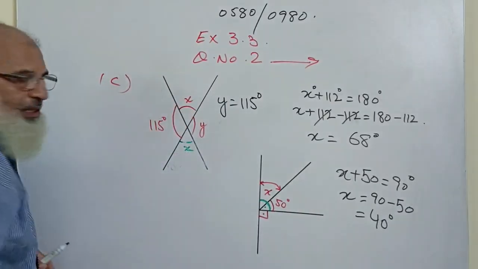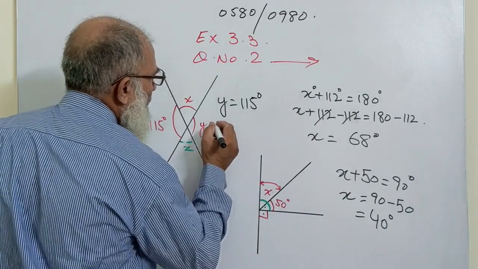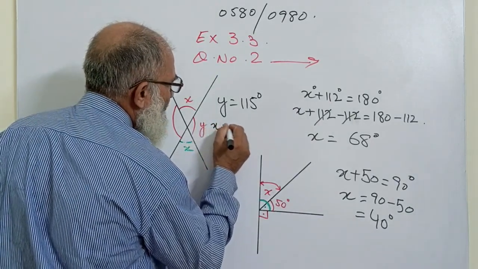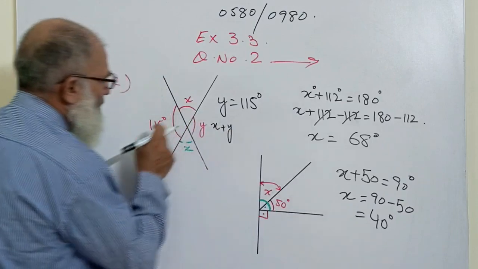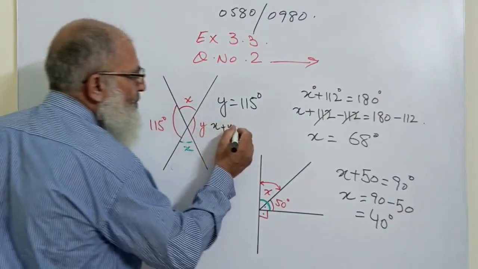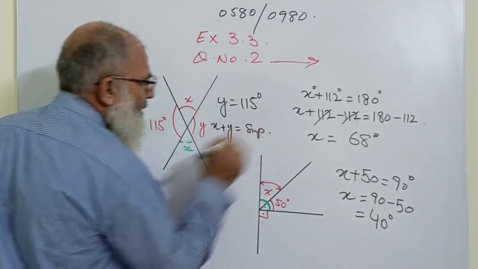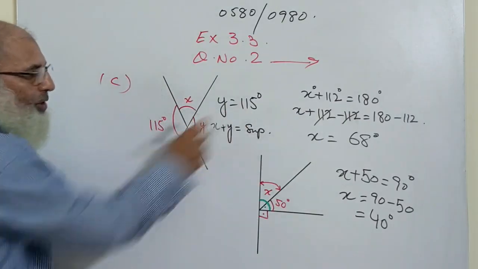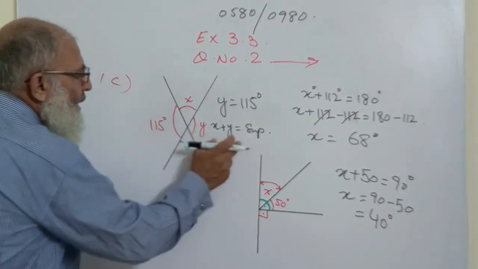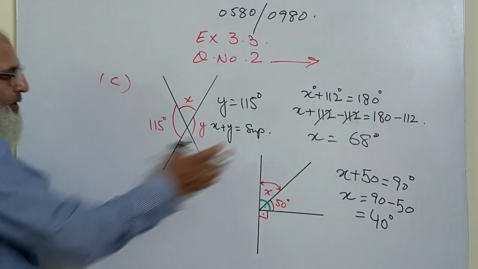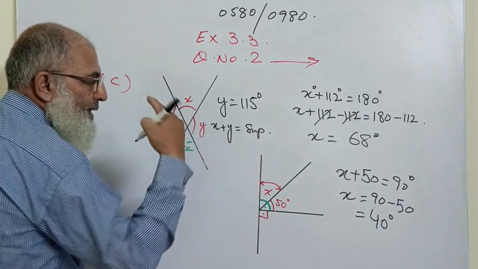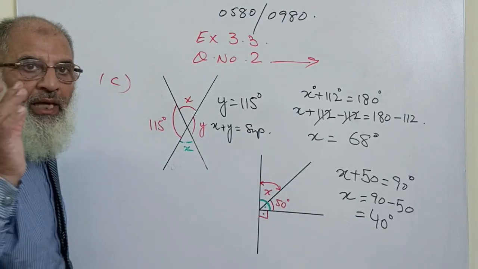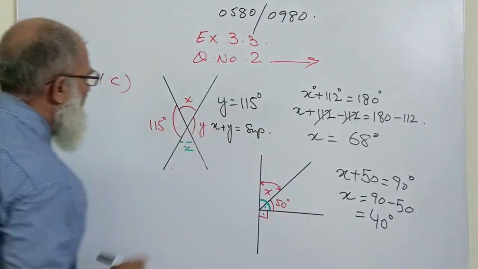This plus this is a supplementary angle. Now x plus y is a supplementary angle. You know that y is equal to 115 degrees. So x plus y is equal to supplementary angles, and you know that supplementary angles are 180 degrees.